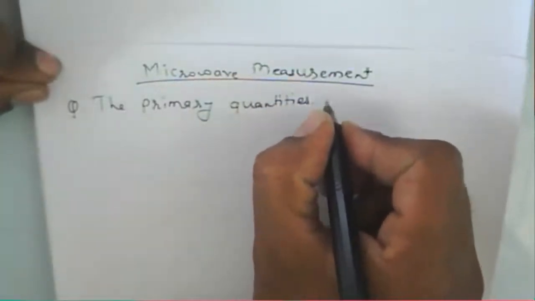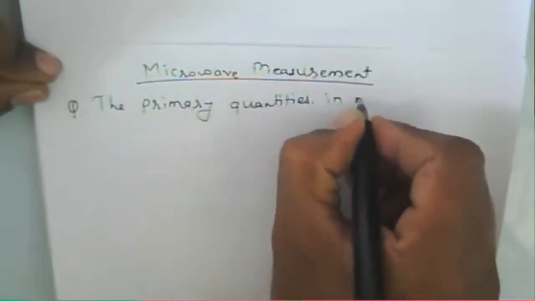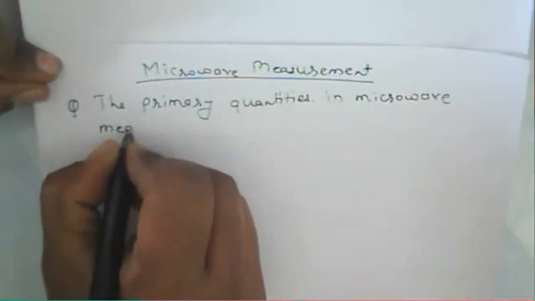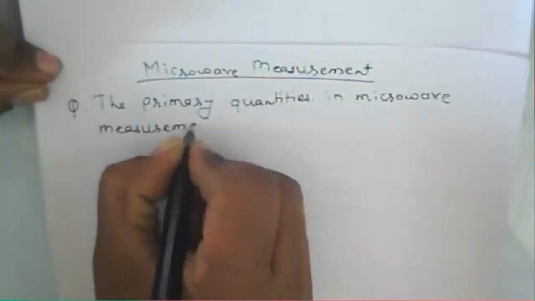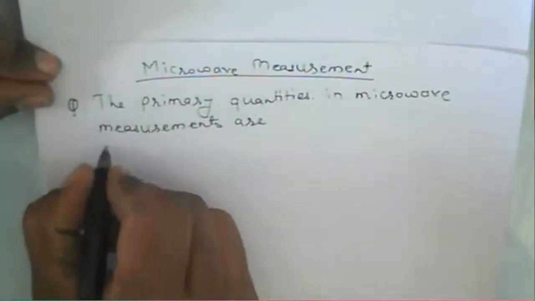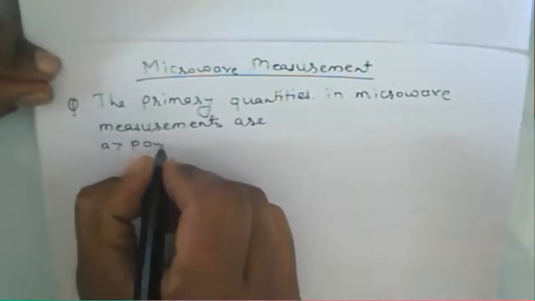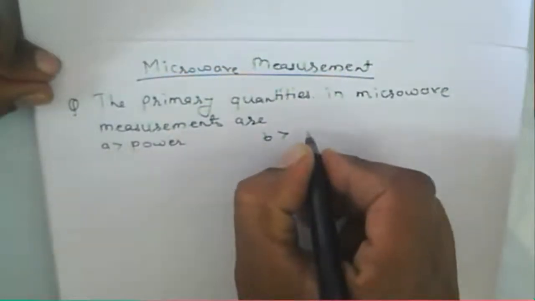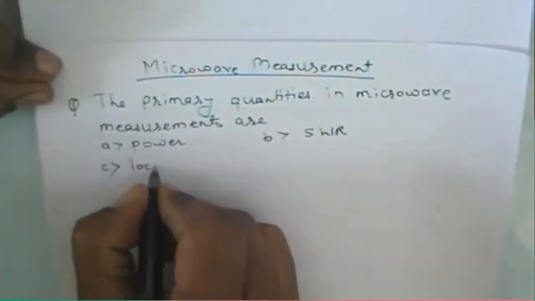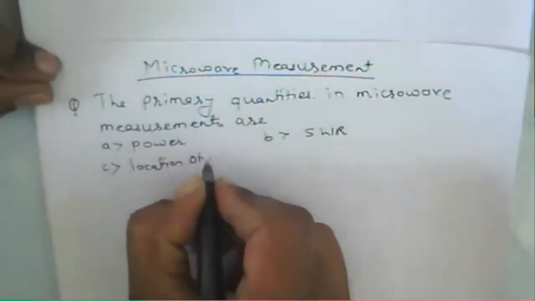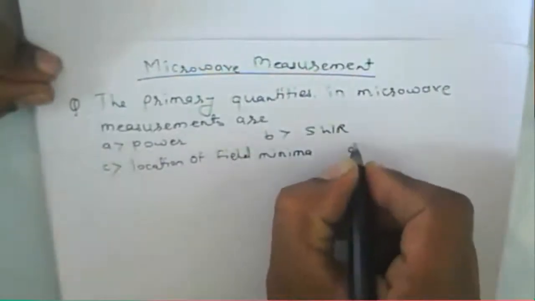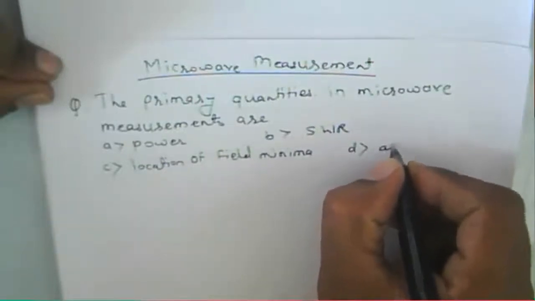Now the primary quantities in micro measurement are: A, power; B, SWR; C, the location of field minima; and D, all of the above.